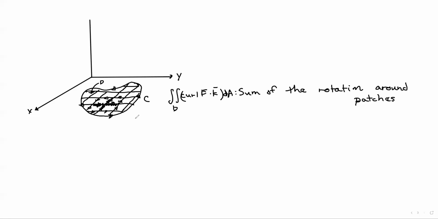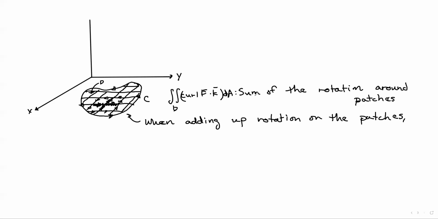And so if we add up the rotation on the patches, all the inner pieces cancel, until the only thing that we have left is just the outside. And what's the outside?